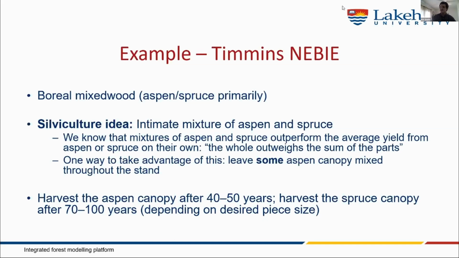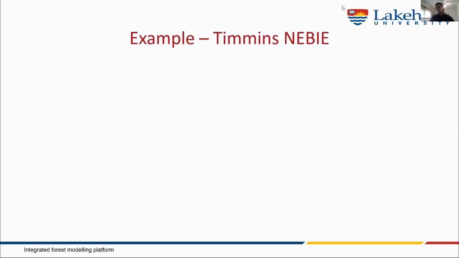We know that mixtures of aspen and spruce outperform the average yield from aspen or spruce on their own. So again, the whole outweighs the sum of the parts in this case. And one way to take advantage of this is to leave some aspen canopy mixed throughout the stand. We come back after 40 or 50 years, harvest that aspen canopy, and then harvest the spruce canopy after 70 to 100 years.